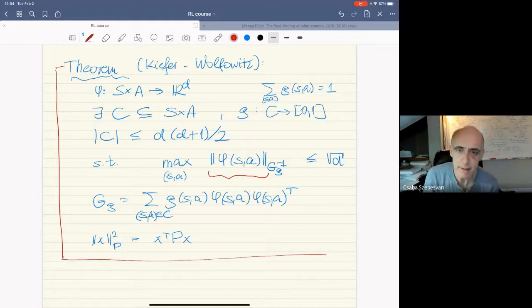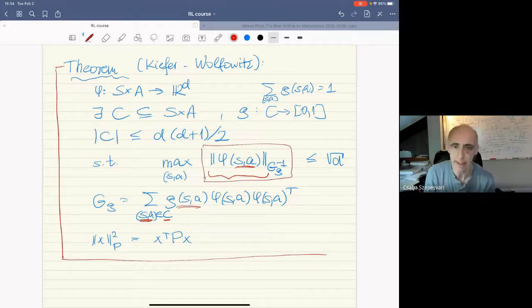The inaccuracy with which you can predict values at a given state action pair, if you solve the least squares problem using data from this set C and weighted least squares with the weighting rho, is going to be exactly like this.